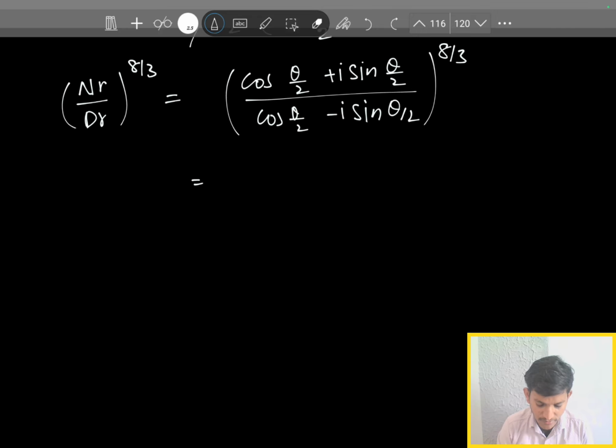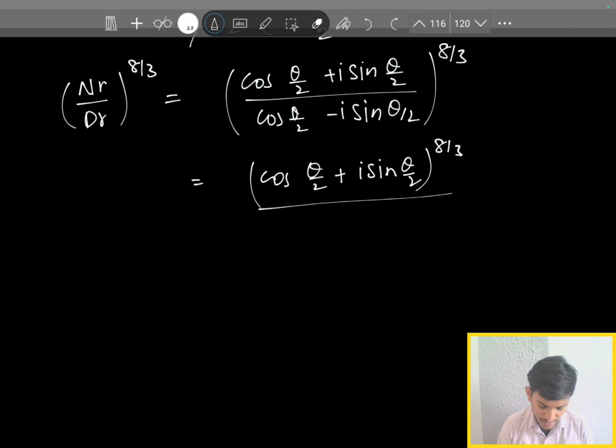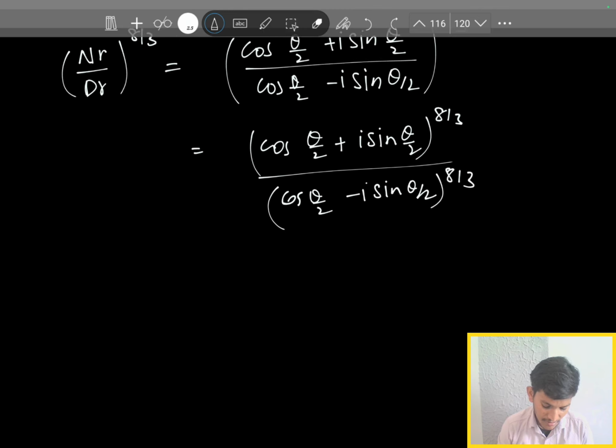So by expanding with De Moivre's theorem, the numerator is [cos(theta/2) plus i sin(theta/2)] to the power 8 by 3, divided by the denominator [cos(theta/2) minus i sin(theta/2)] to the power 8 by 3, right?